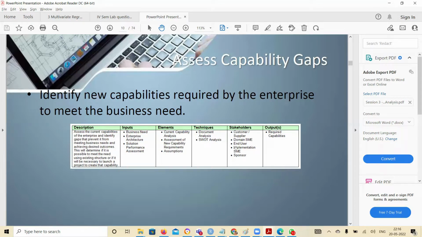So if a country announces, let's say you are into insurance companies, and a country somewhere in the world announces that they are welcoming foreign insurance companies to come and set up their office, that's an opportunity for you to grow.